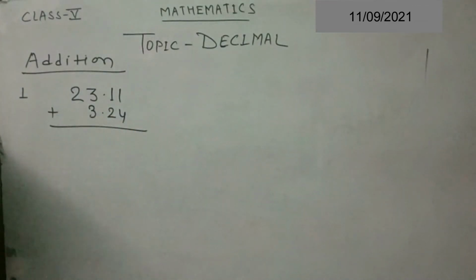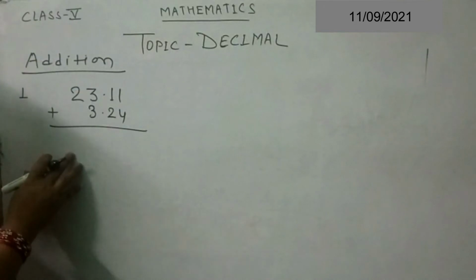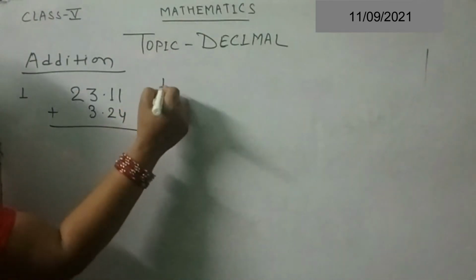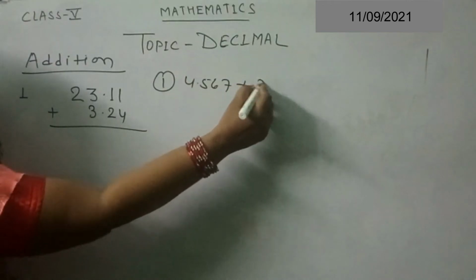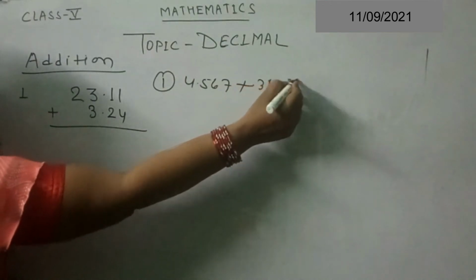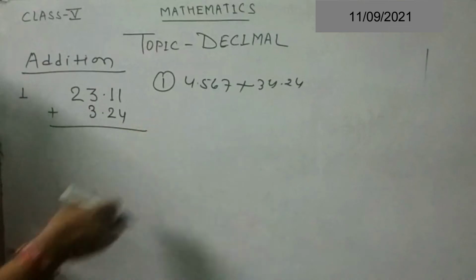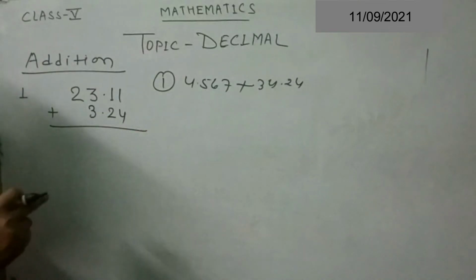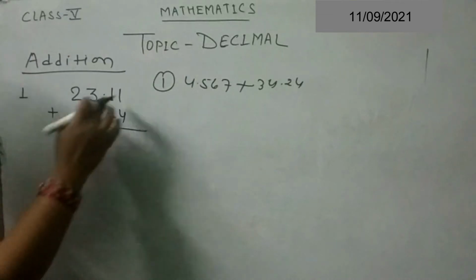Now students, see, this one is already arranged and given. But suppose one question is given here: 4.567 plus 34.24. It is not arranged. You have to arrange it. I will explain how. First you add this number.